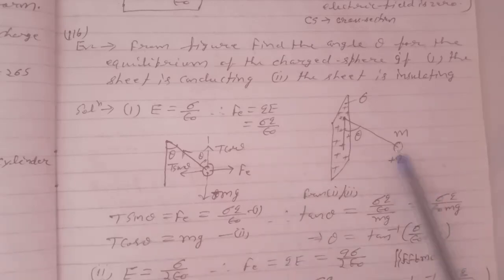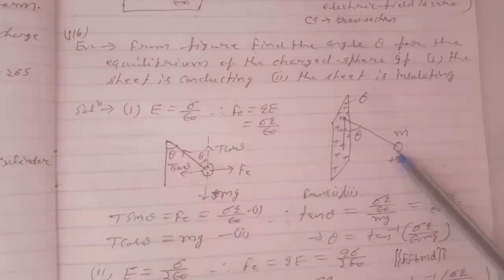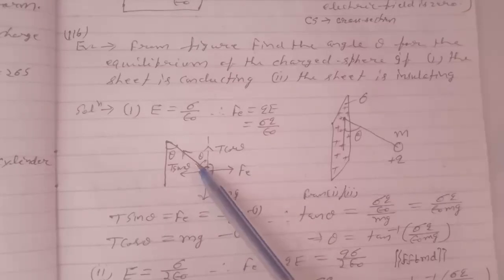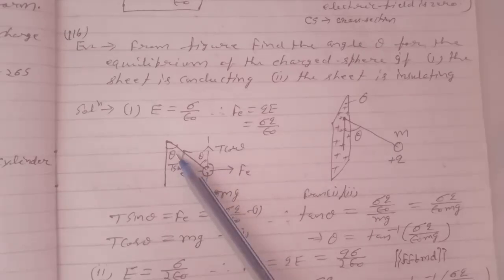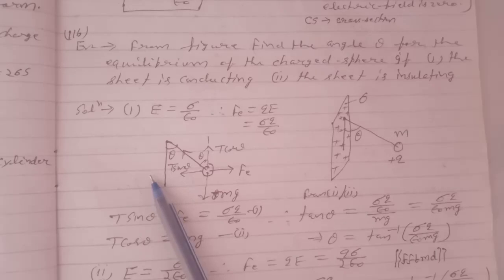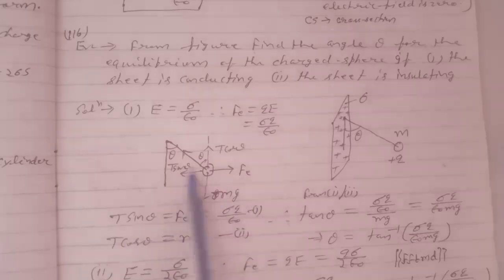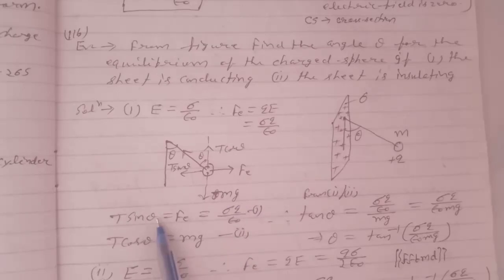Now if we draw the free body diagram of this body, we have tension in this direction, weight in this direction, and electric force in this direction. Taking components of tension, T cos theta will be in this direction and T sin theta will be in this direction. Now this spherical ball is in equilibrium, so we can write T sin theta equals Fe, that is, this force equals this force, which equals sigma Q by epsilon naught.